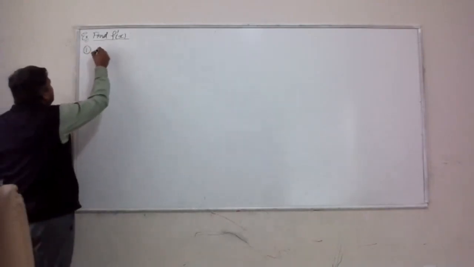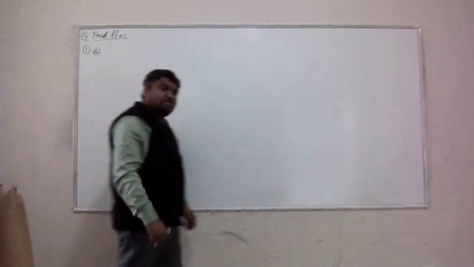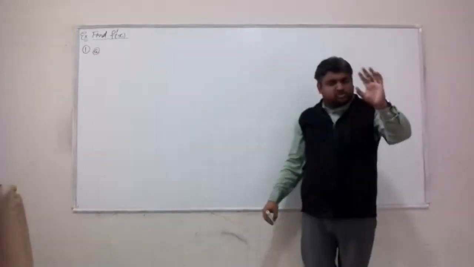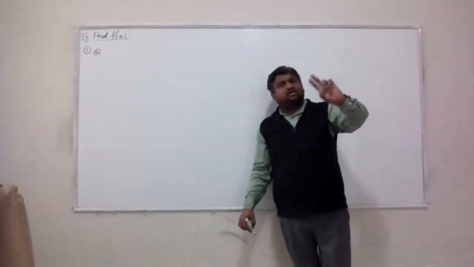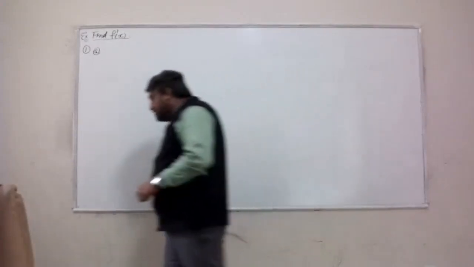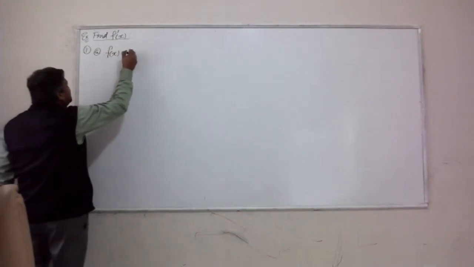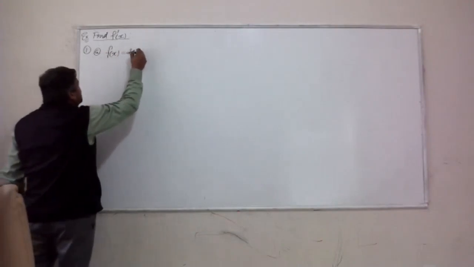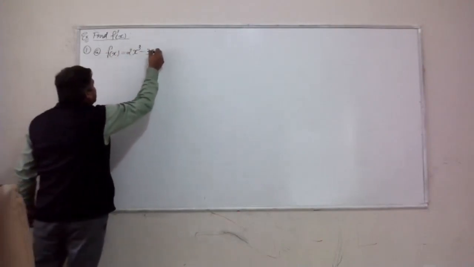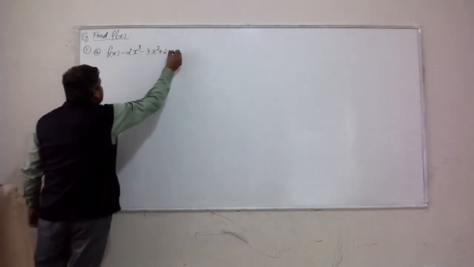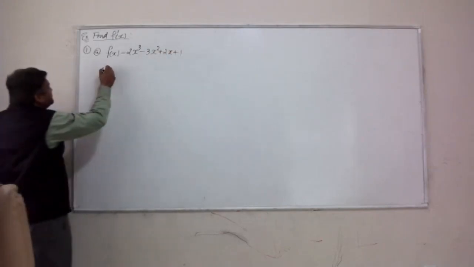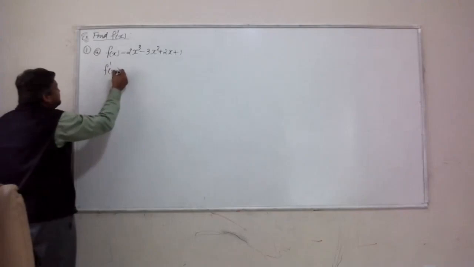Now for the first and second problem, I'm going to give you these 2 problems in 2 subparts, just to make sure that we understand the alternating set of wordings. I give you this function, something reasonably simple. Let's say 2x cubed minus 3x squared plus 2x plus 1. Find f prime x. That is the first question.